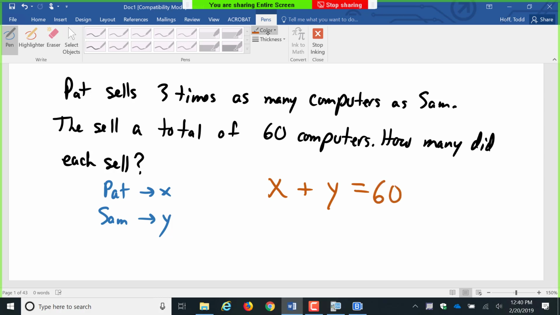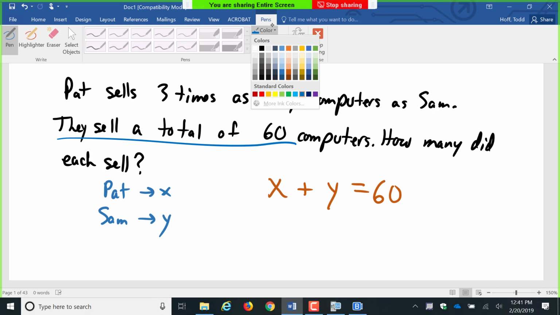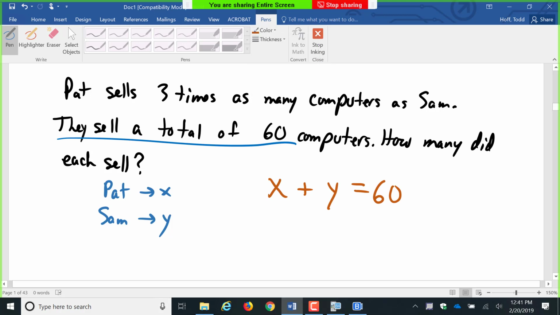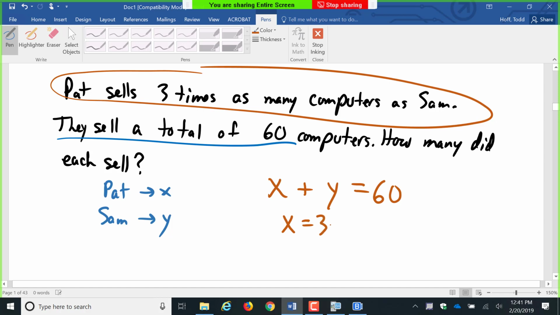They sold a total of 60 computers. But what else do I know? Pat sold 3 times as many as Sam. Perfect. So X, which stands for Pat, is equal to 3 times Sam. So 3 times Y.